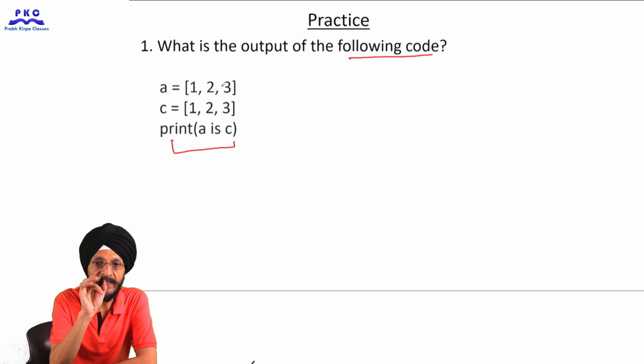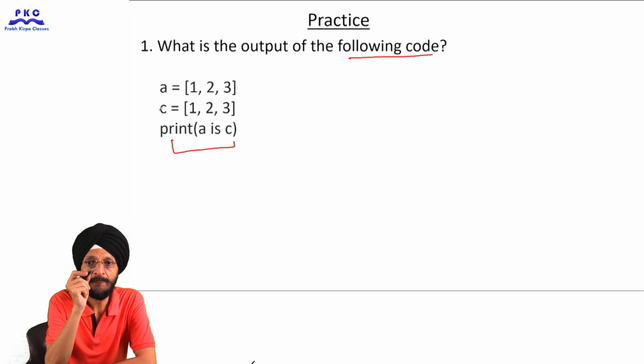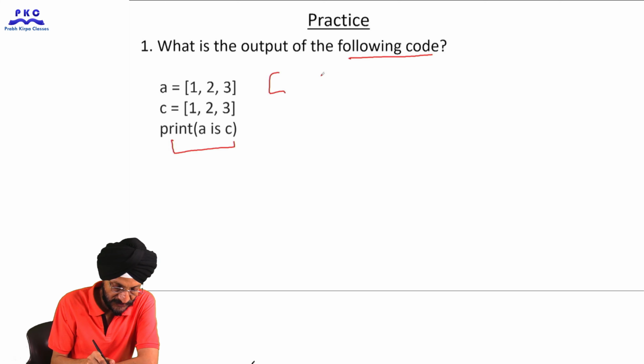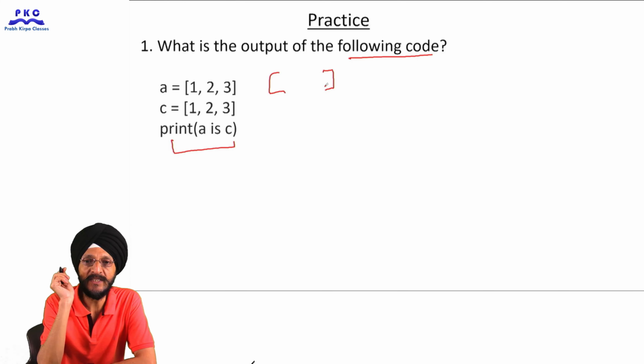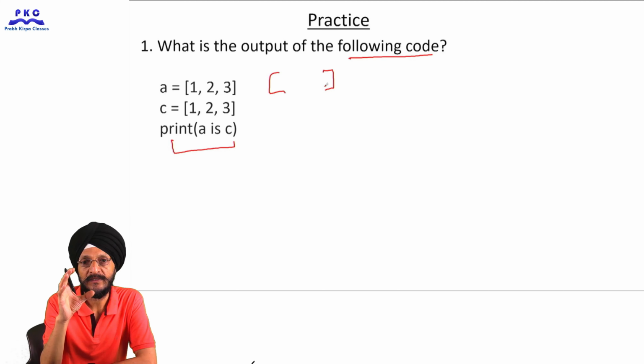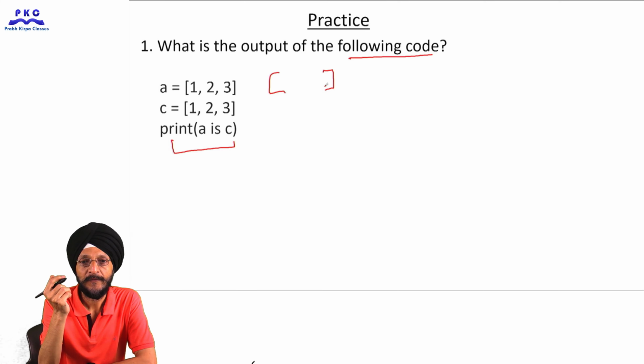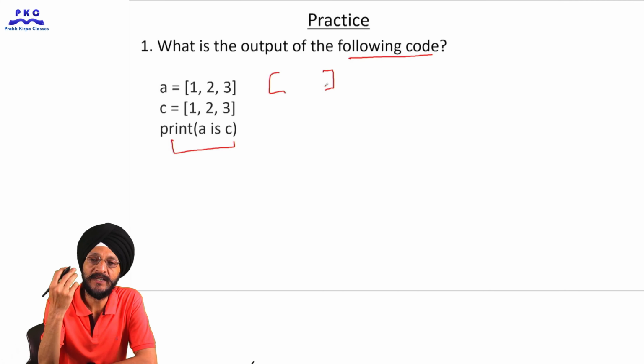Here, A is a variable, C is also a variable. The information contained in both the variables is the same. You will find that in both the cases, square brackets have been used. It means that these are two lists.